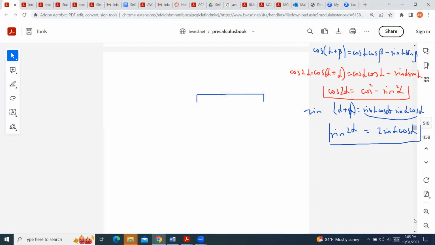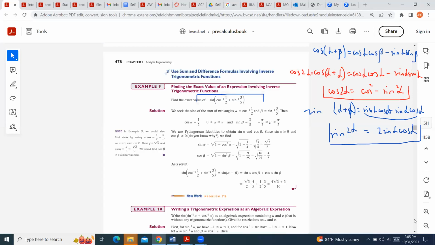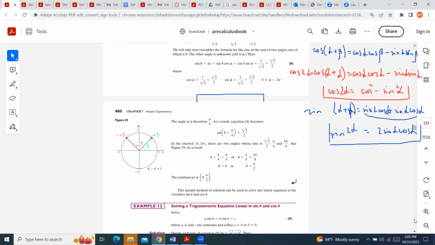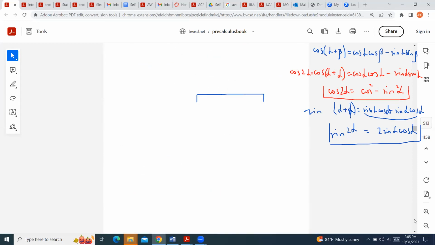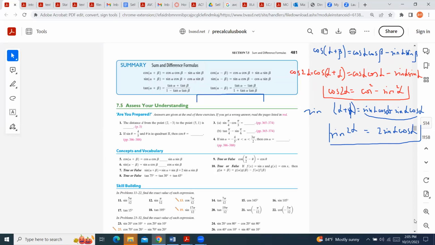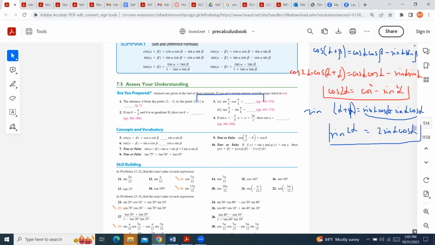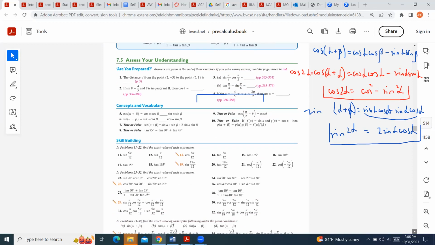So I guess I'm going to be dealing with sines and cosines today only, because tangents, I don't think we encounter very often. So these two formulas appear not too often, but every once in a while.